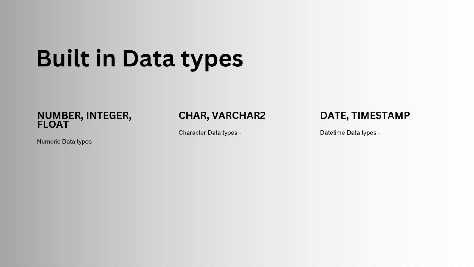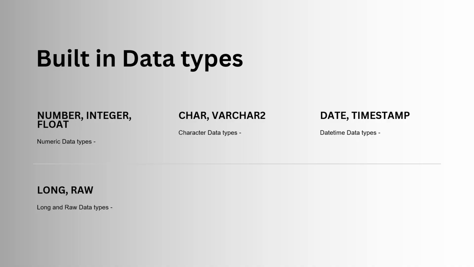Then we have date time data types that store date and date along with timestamp. We have date and timestamp data types as part of date time data types. Then we have long and raw data types that store long text and encryption type of data in a column.